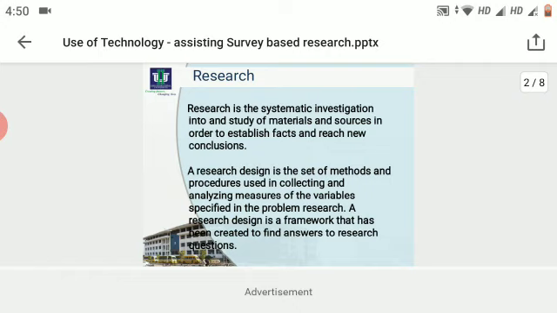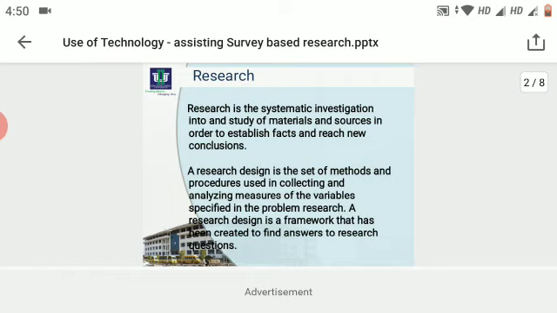And in another way, the research design is a set of methods or procedures we are using to collect the data and the variables specified in the research problem. A research design is a framework that has been created to find the answer to a research question.